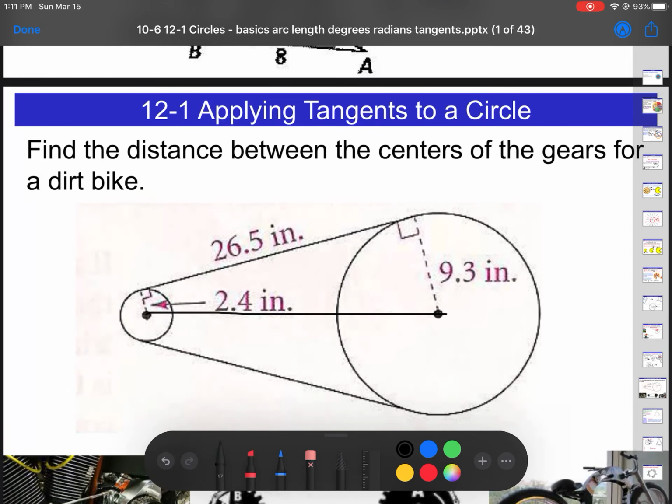Okay, so we're going to draw a line that's parallel to that line. And then, let's see. We know that that radius is 2.4 here. So this is also 2.4.